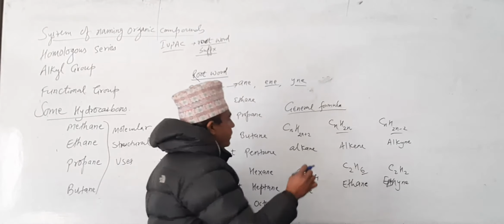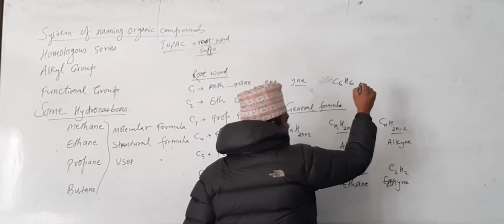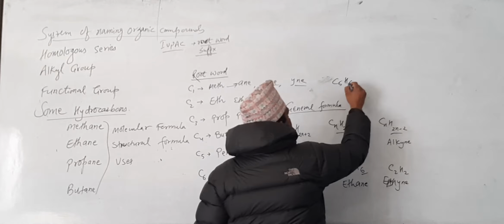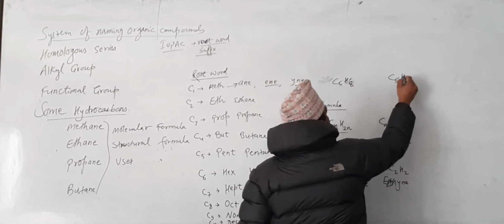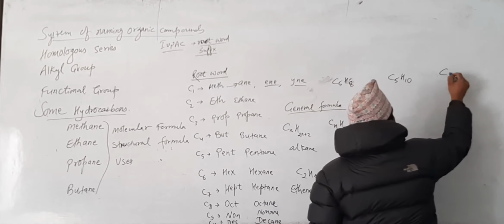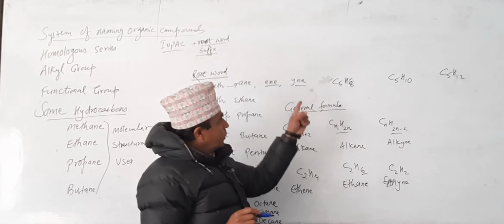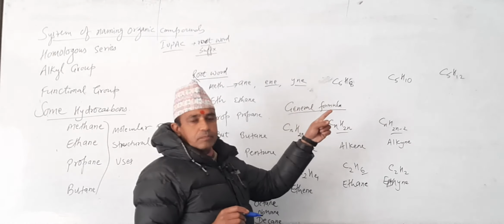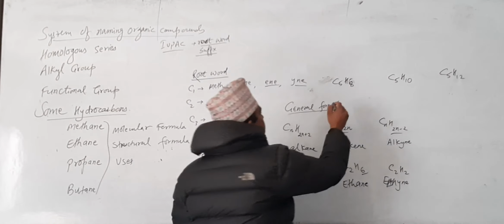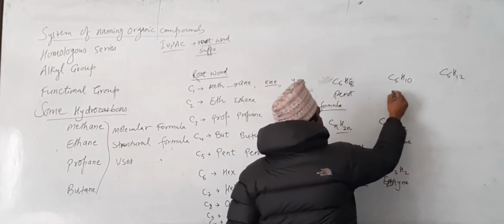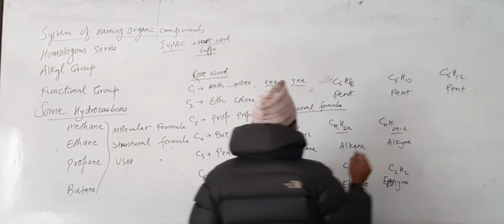Let me give you the next example. If I write here C5H8, C5H10, C5H12. So can you name these compounds? C5, carbon 5 means pent. So the root word is pent for all.